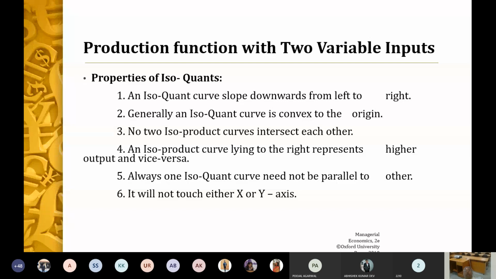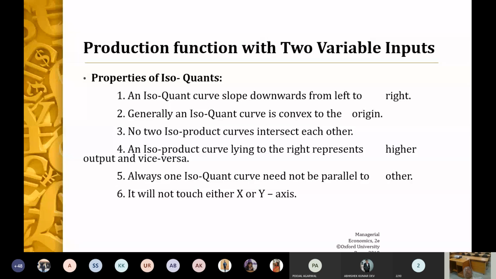No two isoquant curves intersect each other. While there will be different isoquant curves in the same graph, that is why we have isoquant maps, they will never intersect with each other. An isoquant curve lying to the right represents higher output and vice versa. To the left, it will be lower output.